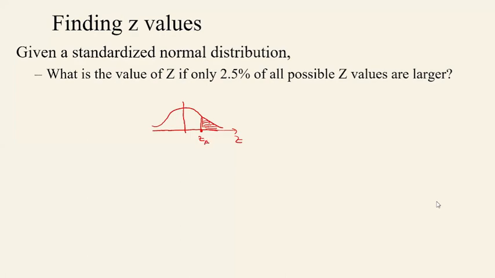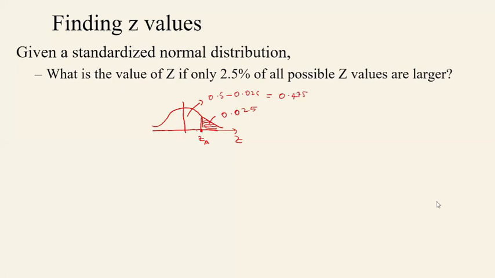Right? So this is 0.025. 2.5% when you divide by 100 is 0.025. So this area you can calculate from 0.5 minus 0.025, that is equal to 0.475.